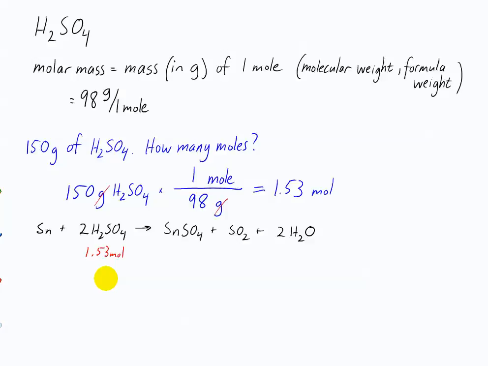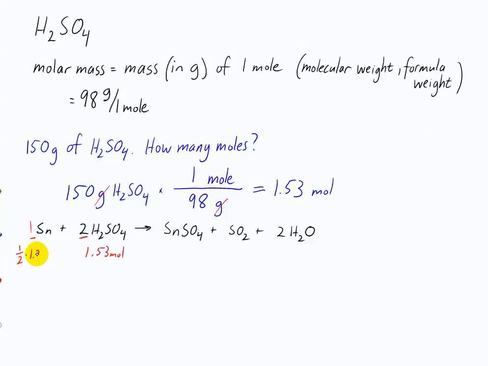What these two numbers tell us, and this is actually a 1, even though it's not written, is that those molecules always react in a 1 to 2 ratio. 1 tin to 2 sulfuric acids. 1 to 2, 1 to 2. So if what we have is 1.53, what we need here to react exactly the same is half of that.